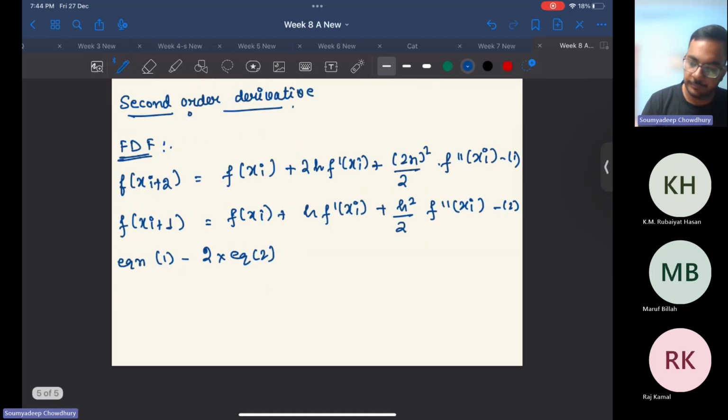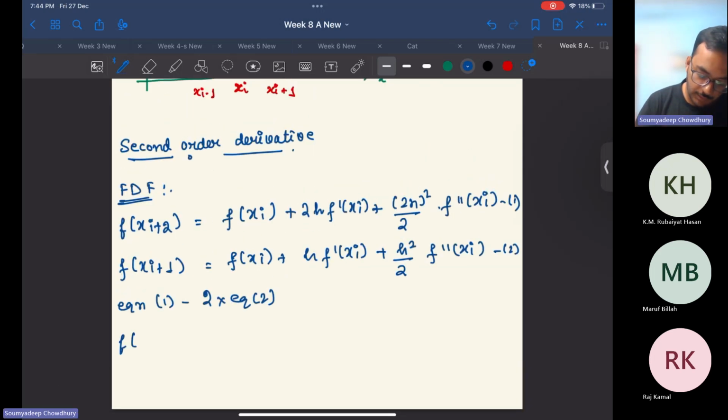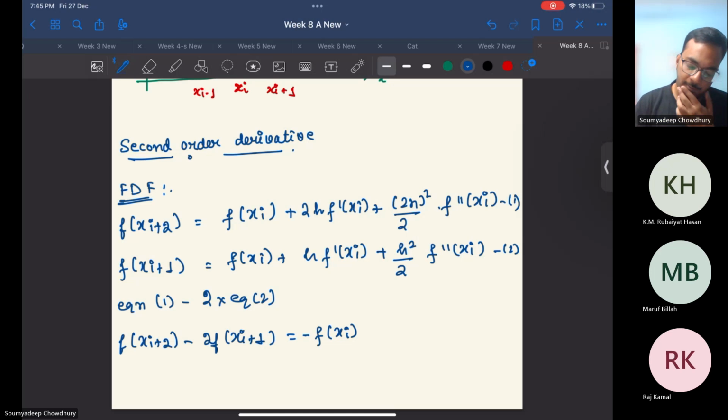It gives me f of xi plus 2 minus 2f of xi plus 1 equal to minus f of xi. So the second term will get cancelled. This is 4h square by 2, which is 2h square, minus h square. So this will be h square f double dash xi plus your error of the order of O of h cube.